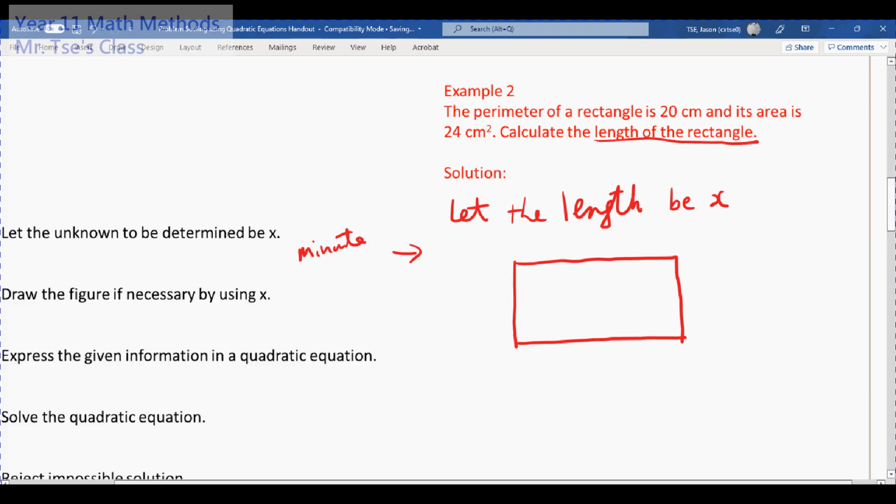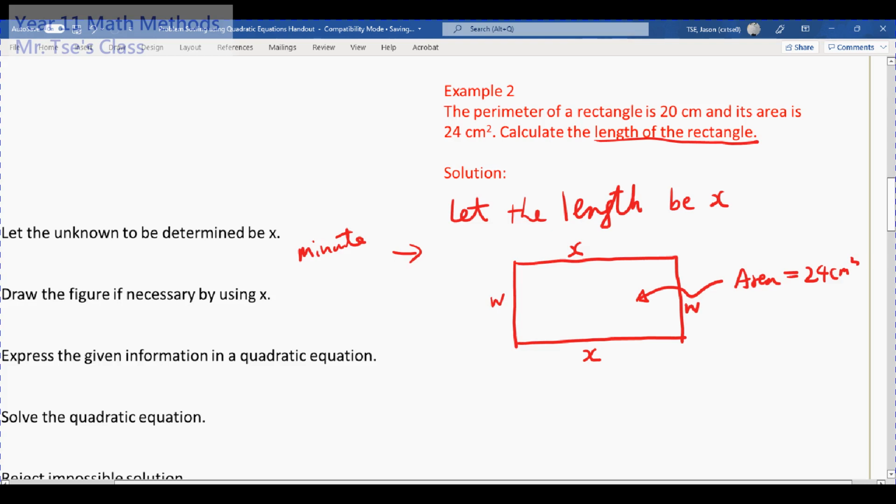The perimeter is very hard to illustrate, but we know the area here is 24. And we know the length is x. But we don't know the width, so let's say the width is just w.